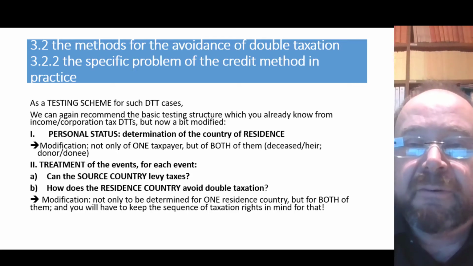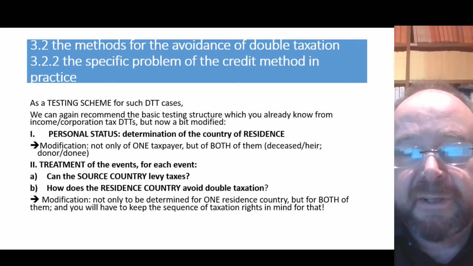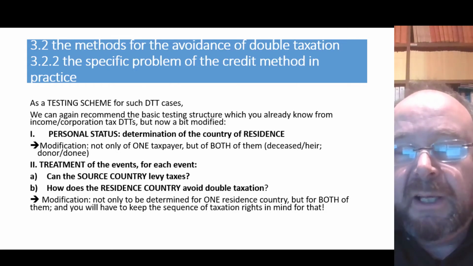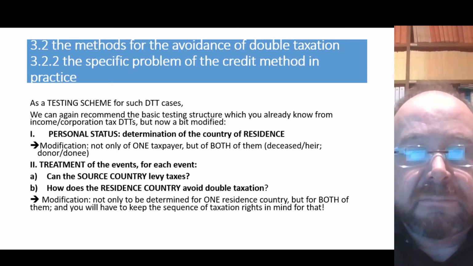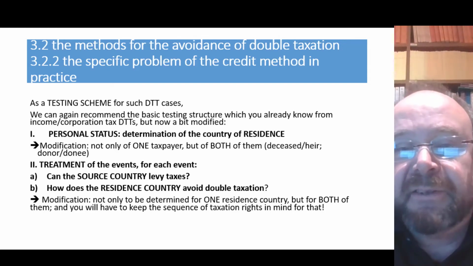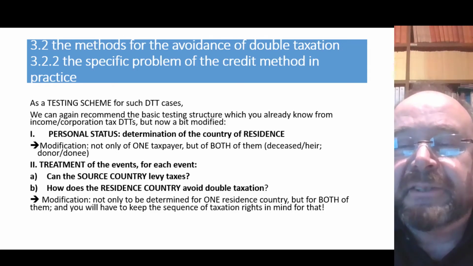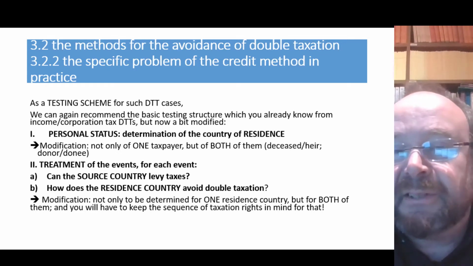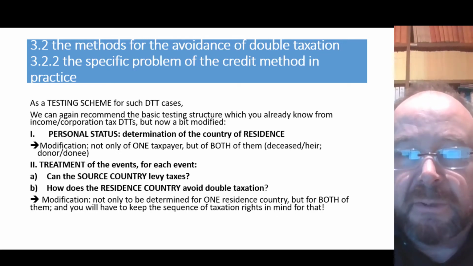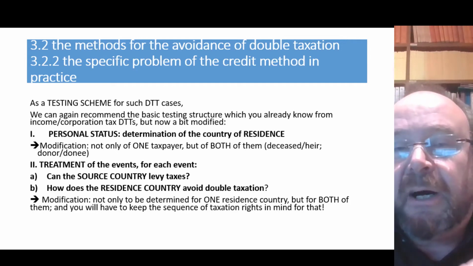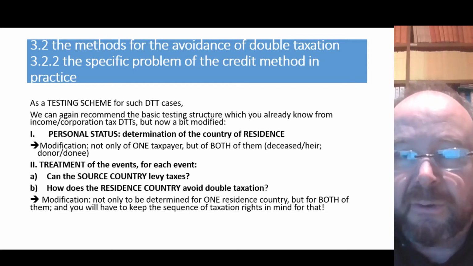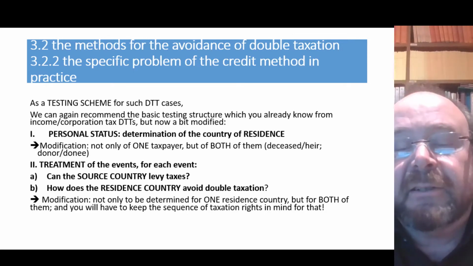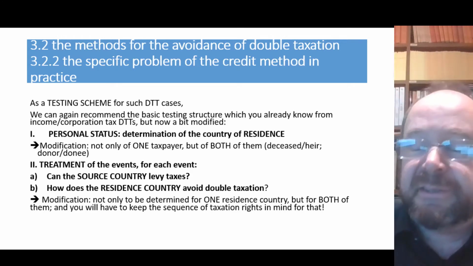So you have to determine the residence country under Article 4 for both of them. Then the usual testing sequence for each event or each transaction in income tax is: what can the source state do and how does the residence country react. Here we have a modification. What can the source country of the property do? Article 25. And then how do the residence countries of the two people involved react according to the standard sequence of taxation rights which we established.